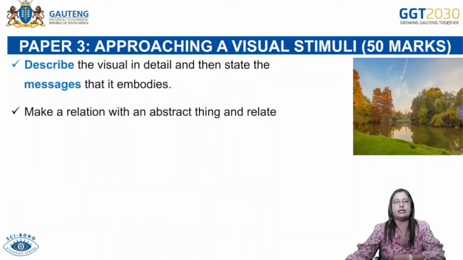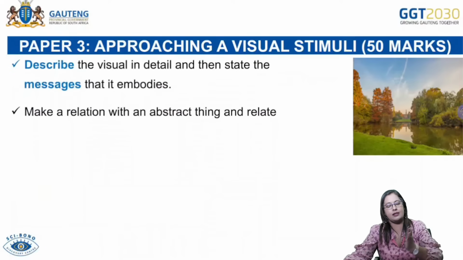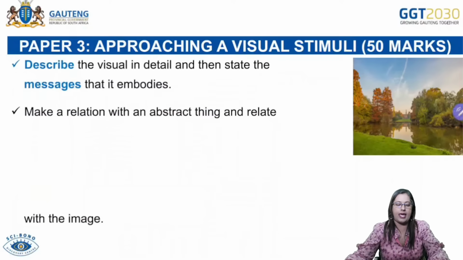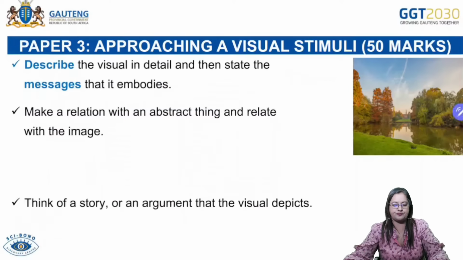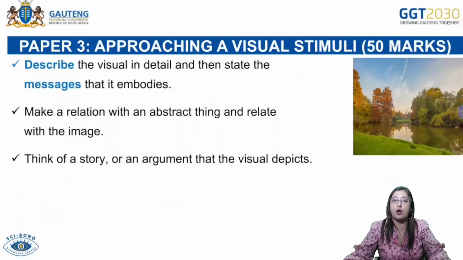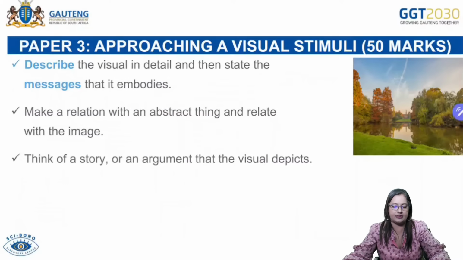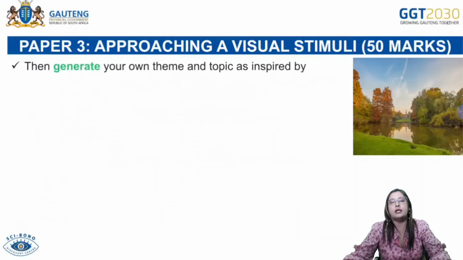All right. Please ensure that there's a relationship created between the abstract thing and the image that you are writing about. Please think of a storyline that is possibly linked to this particular image, or there could be an argument that you could bring across as well when you look at the visual. All right.